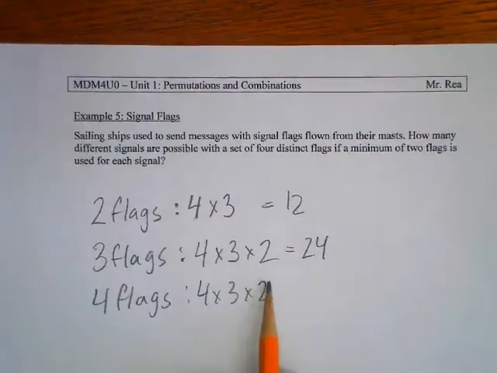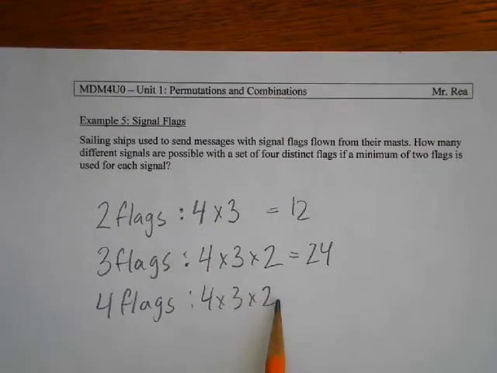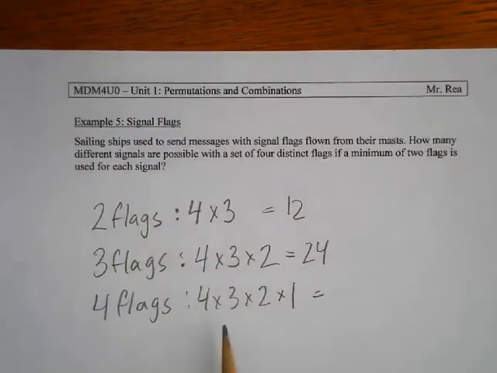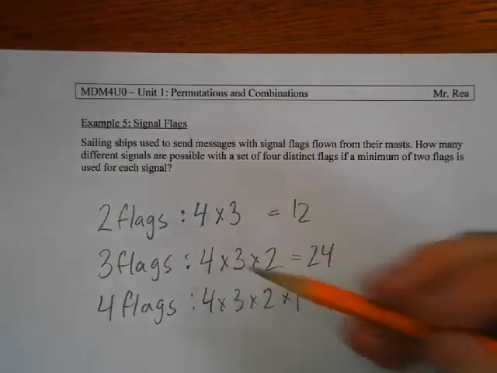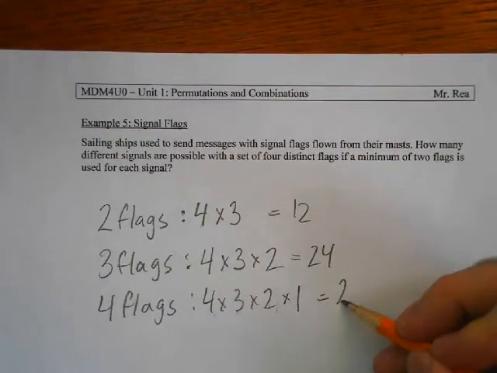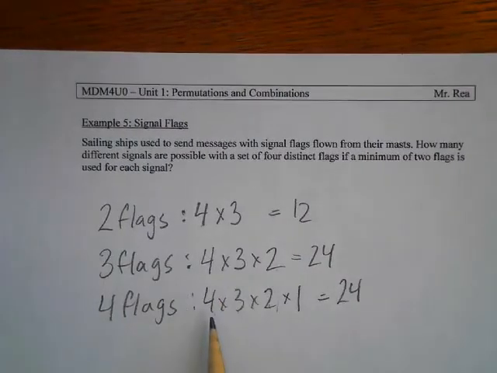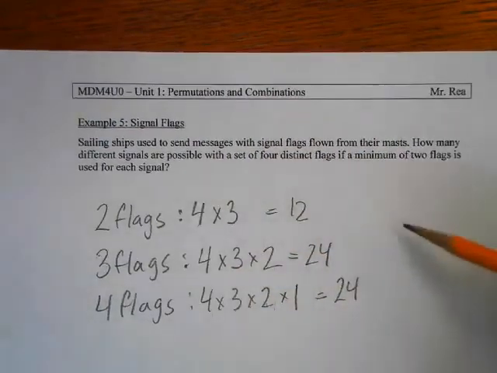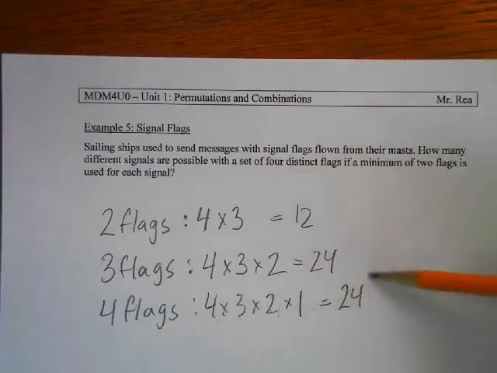But by the time we get to the 4th flag, we really don't have a choice because there's only 1 flag left to choose. But we'll still write it here anyways to show that first flag, second flag, third, and 4th. So it doesn't look the same as the 3 flags, but the actual number of signals between 3 flags and 4 flags is the same, but the actual signals are different because obviously these 24 have 4 flags, these 24 have 3 flags.